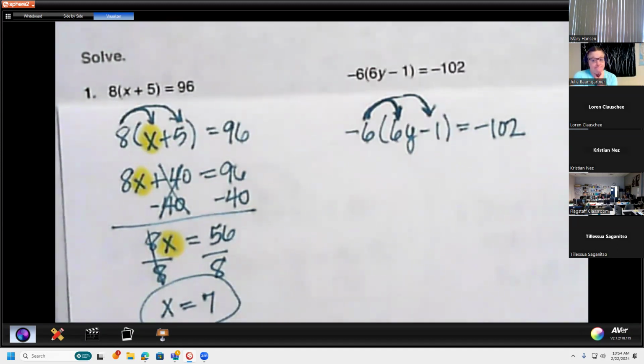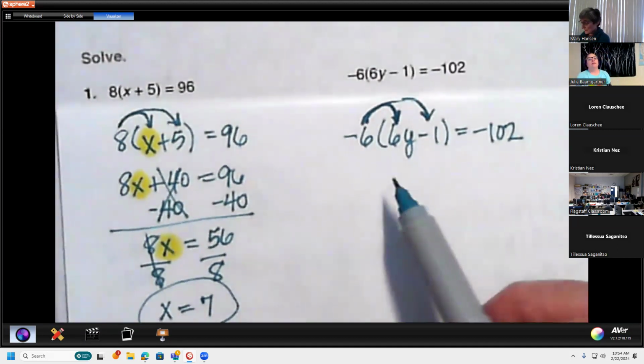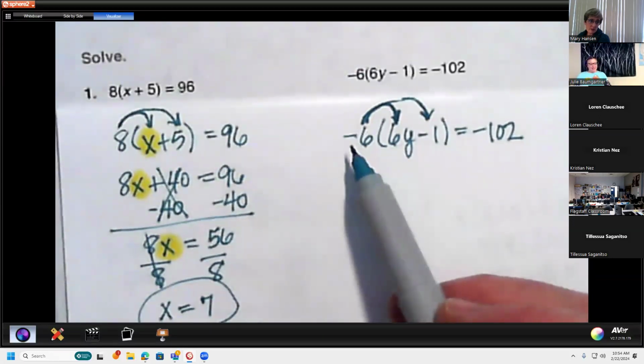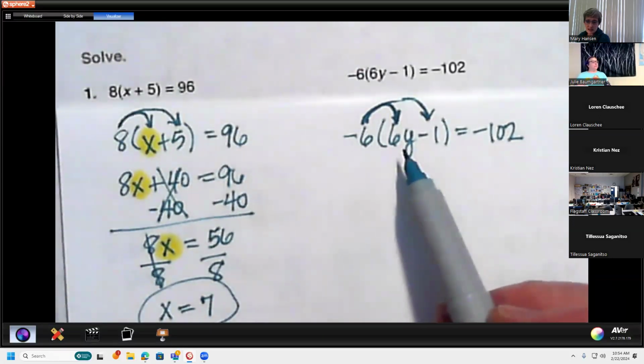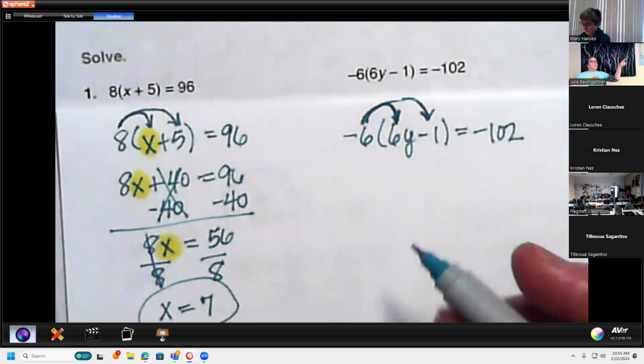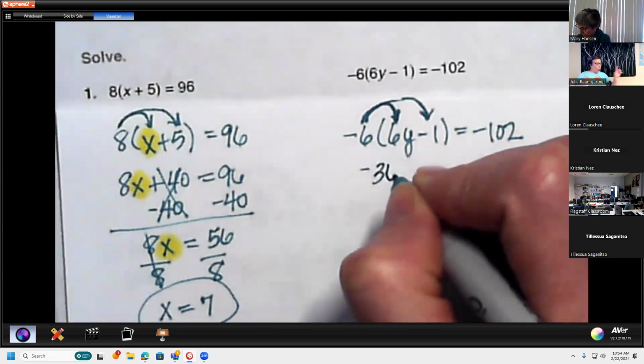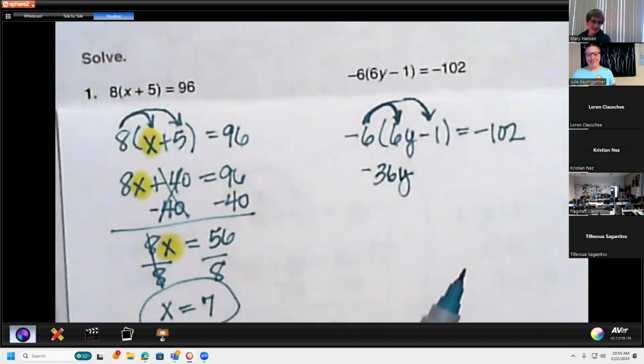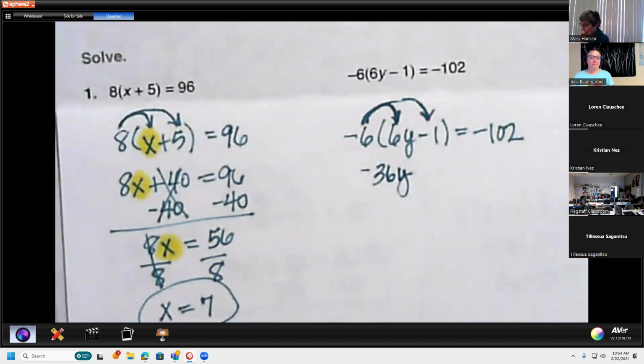Different signs? Good. So we have to remember another rule. Okay, so I'm multiplying. So what will I get when I multiply -6 times 6y? -36y. There we go. Nice. Beautiful. Okay.